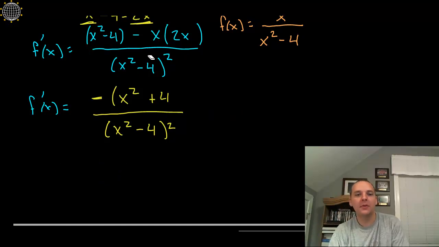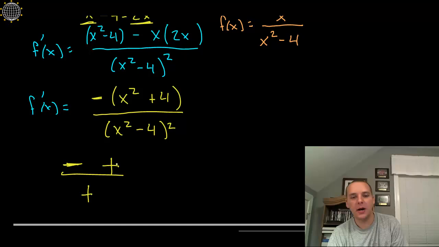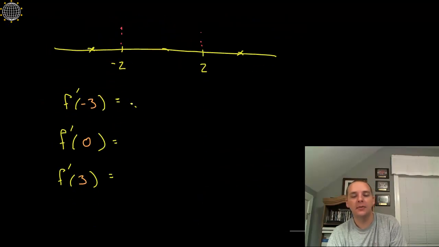If you look at this derivative, you'll notice that it's always the same regardless of the x you plug in, because you always have a negative times a positive, since x squared plus 4 is always positive, divided by a positive, because when you square a quantity, it's going to be positive. So a negative times a positive divided by a positive, that's going to be negative any which way you look at it.